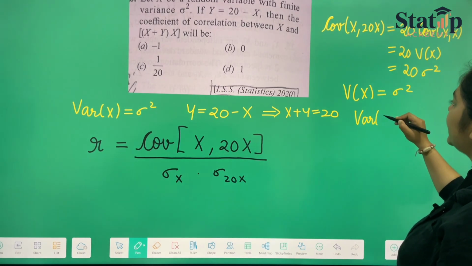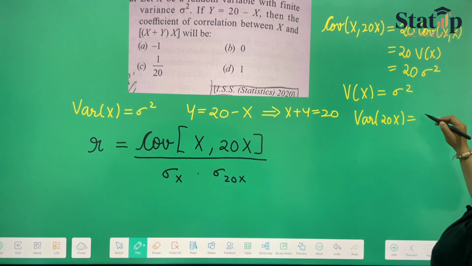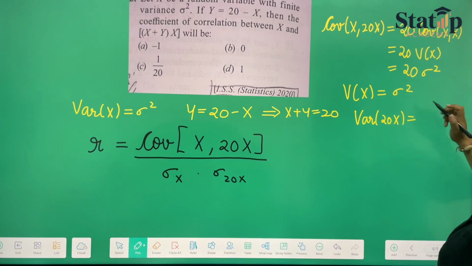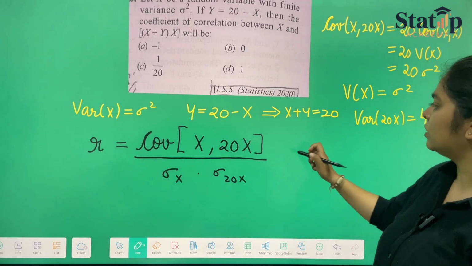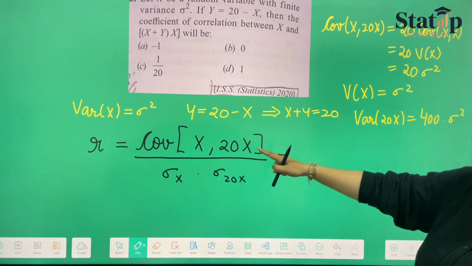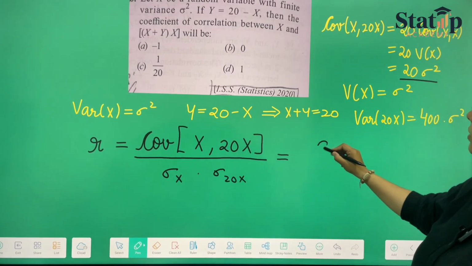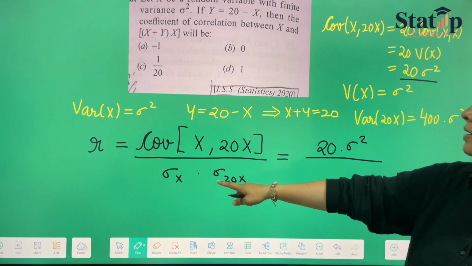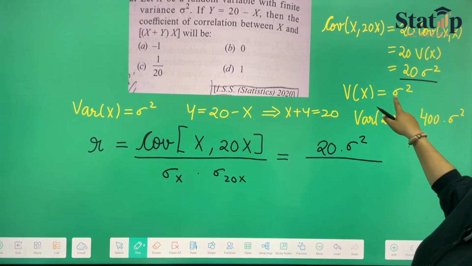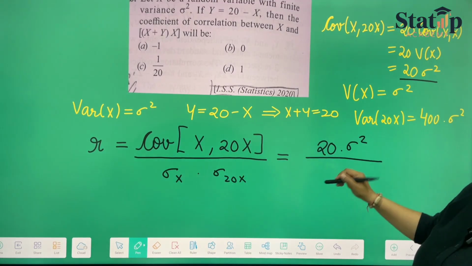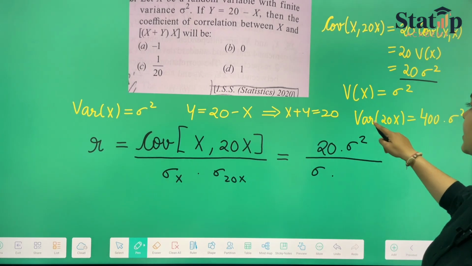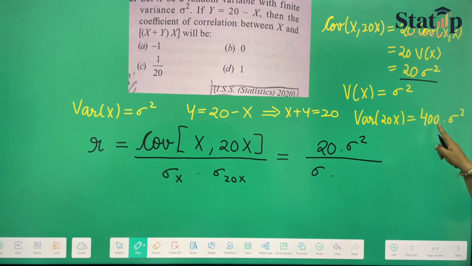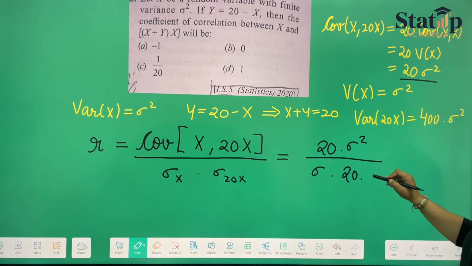Variance of 20x will be equal to 20 square, which will be 400, into variance of x, which is sigma square. So these are the derivations that we need. Covariance between x and 20x is 20 sigma square. We can directly write this upon standard deviation of x, which is under root of sigma square, which will be sigma only, and standard deviation of 20x will be under root of this, which will be 20 into sigma.